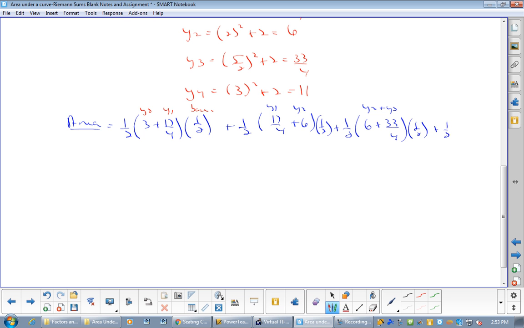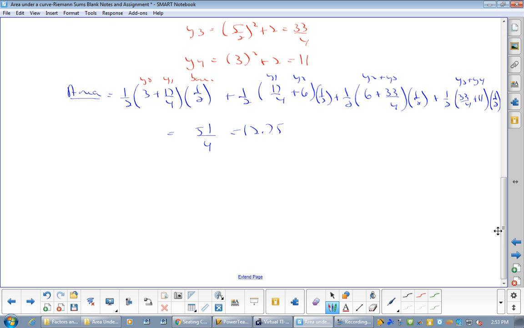Plus 1/2 times 33 over 4 plus 11, all times 1/2 the base, so this is y3 plus y4. When you put all this in, you'll get 51 over 4, which is 12.75.